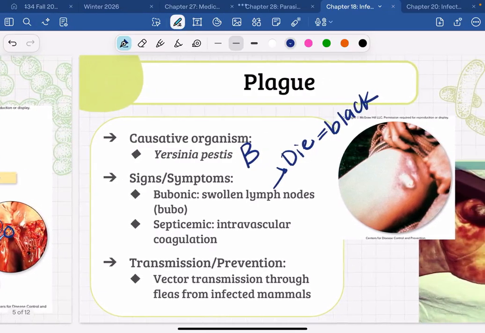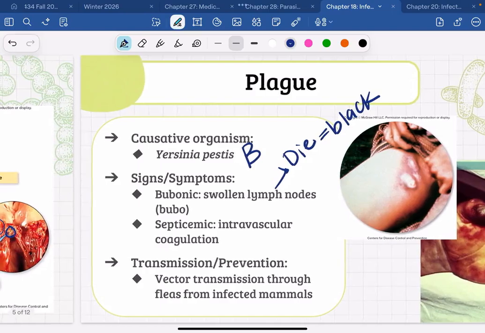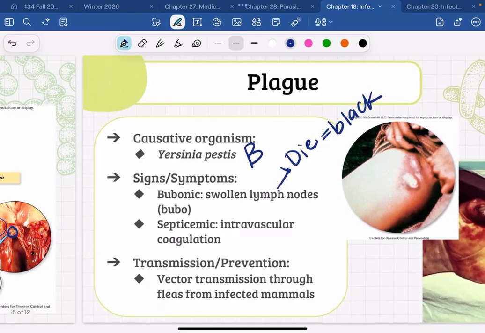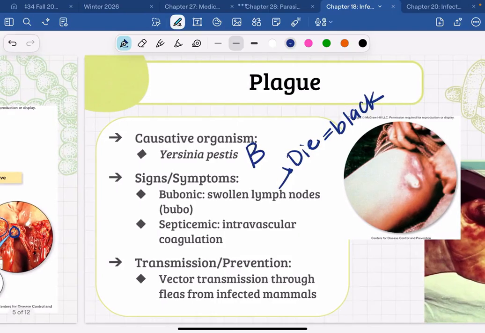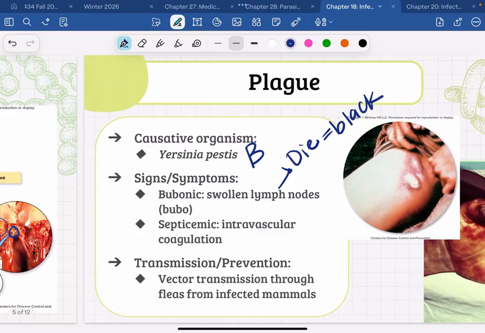Now, septicemic plague, as you might guess, septicemia is when you have bacteria in your blood. So septicemic plague is when that bacteria manages to make it into the bloodstream, usually after going to the lymph nodes first. It then causes a very, very deadly infection.